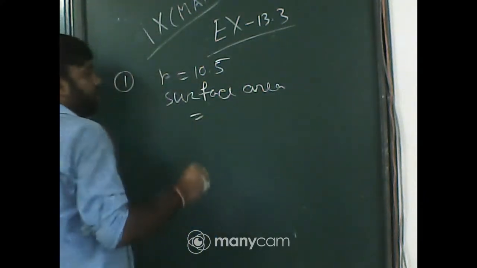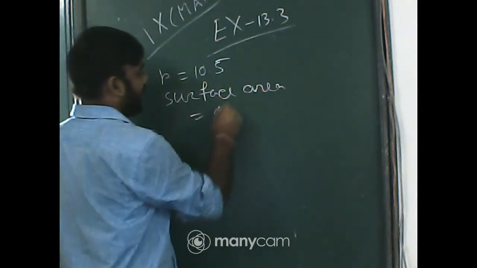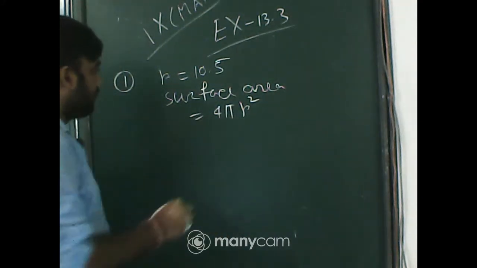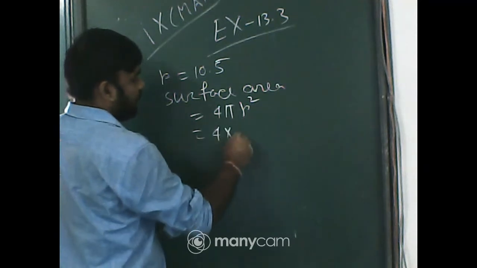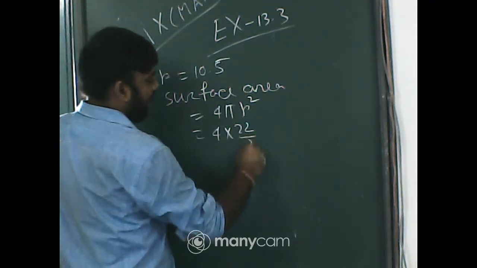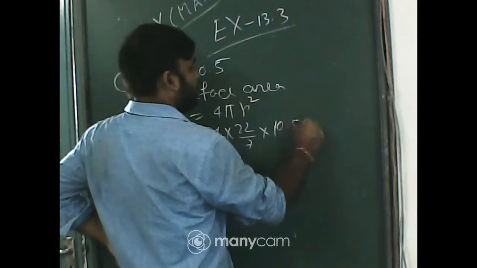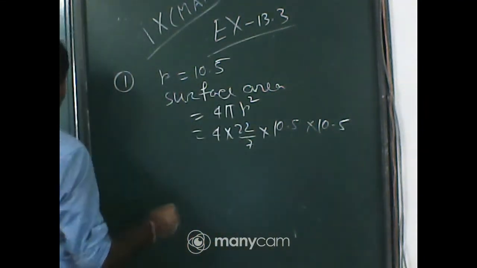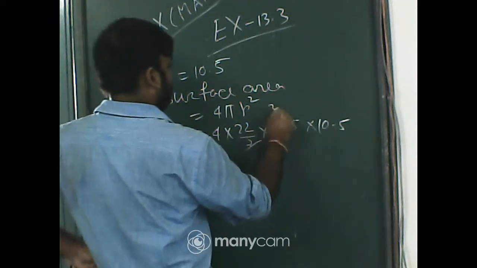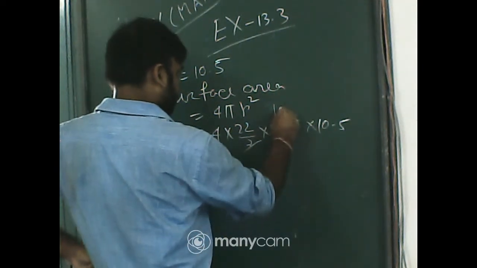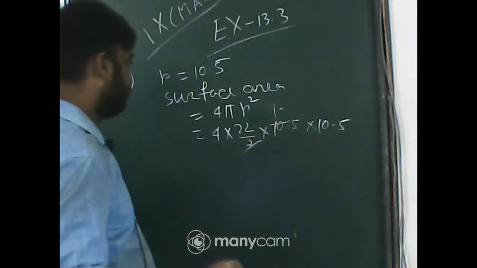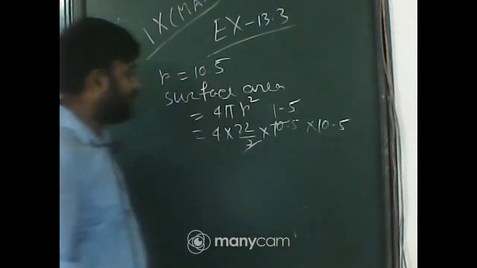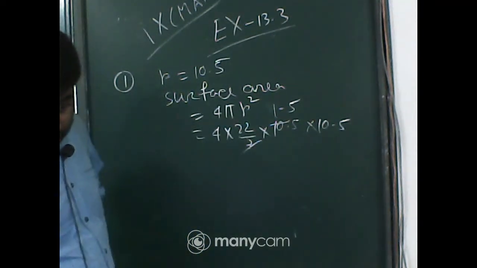We know that surface area equals 4 pi r square. 4 pi means 22/7, r square means 10.5 into 10.5. Now cut it by 7, that is 1.5.